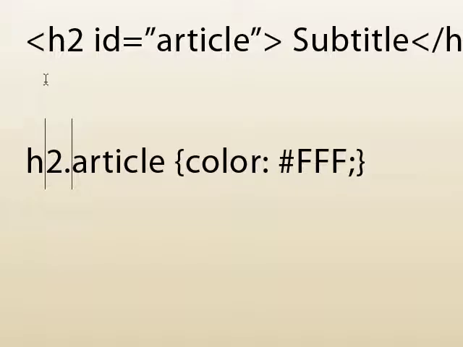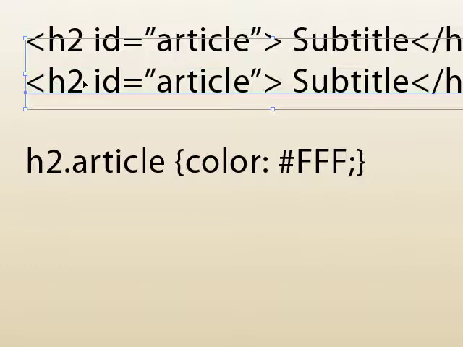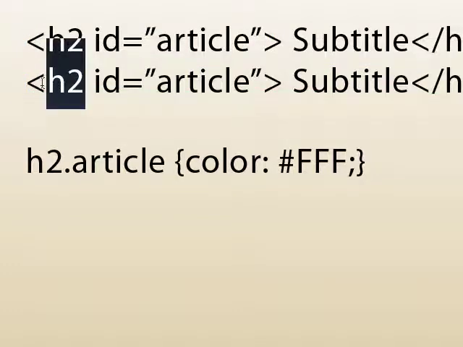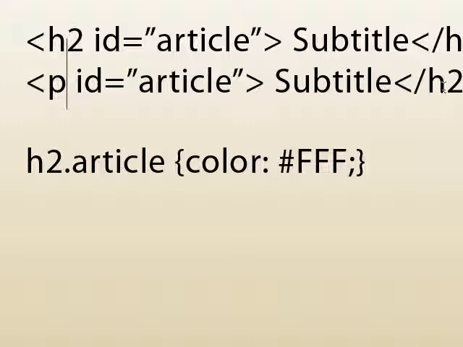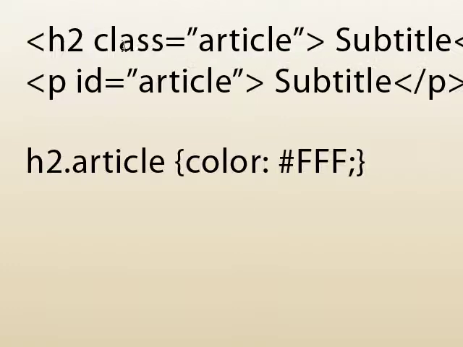Let's say that I've got not only H2s that have the ID of article, but what if I have paragraphs that have the ID of article? I probably wouldn't do that because there should really be only one ID called article on each page. So let's use class in this example.